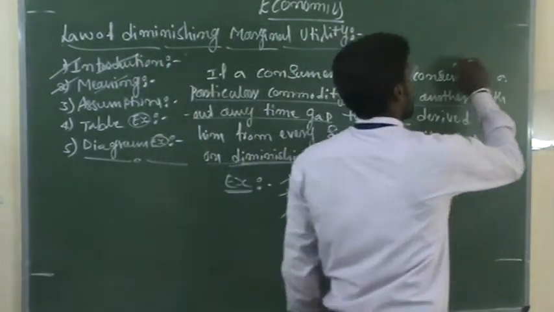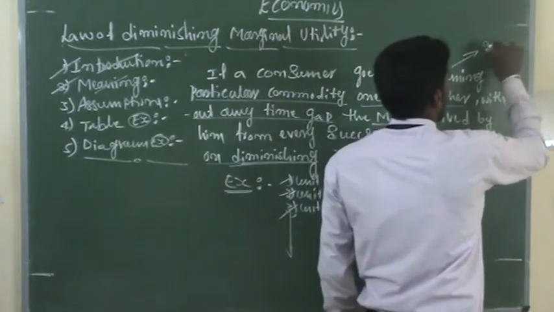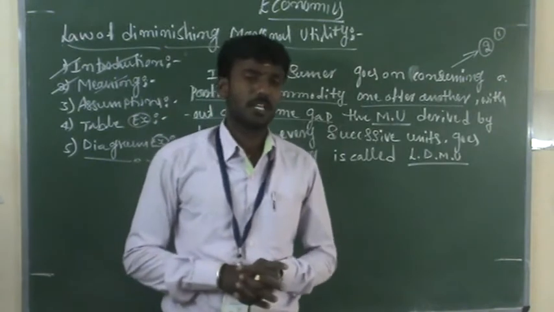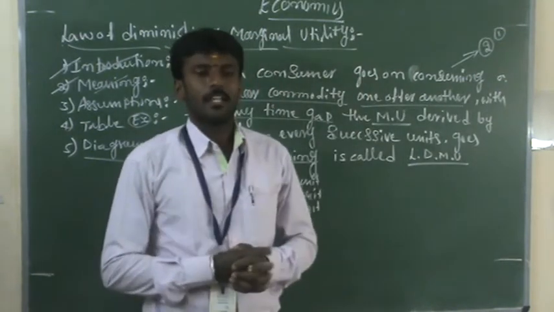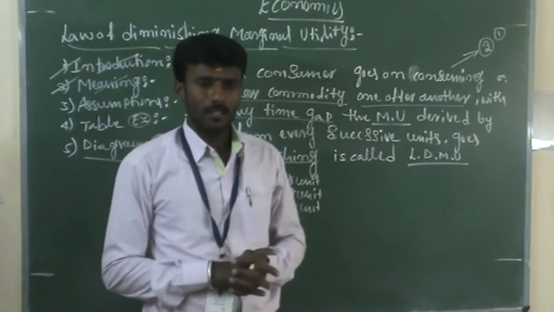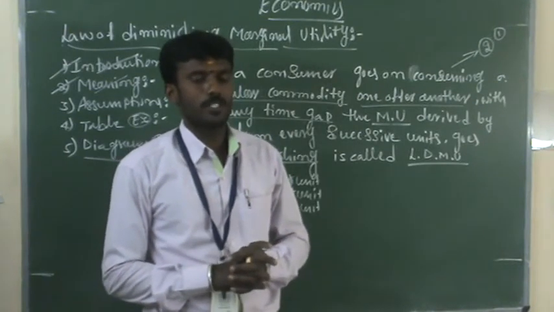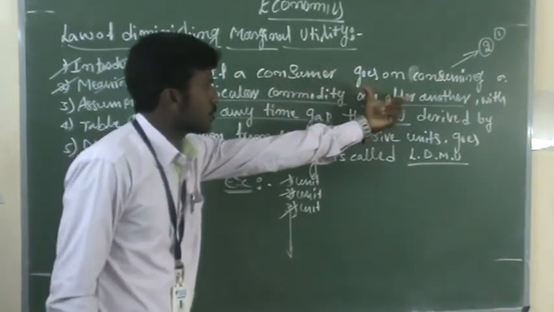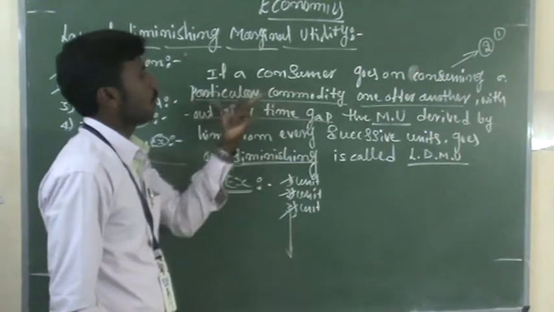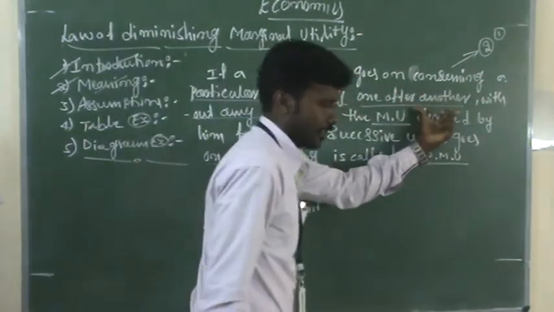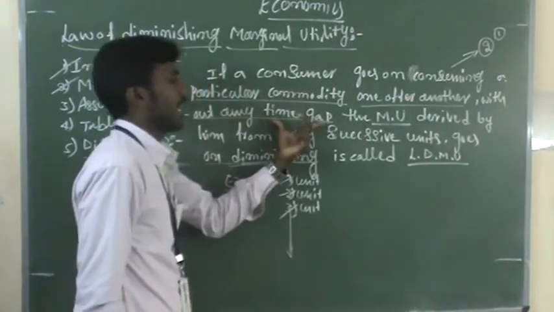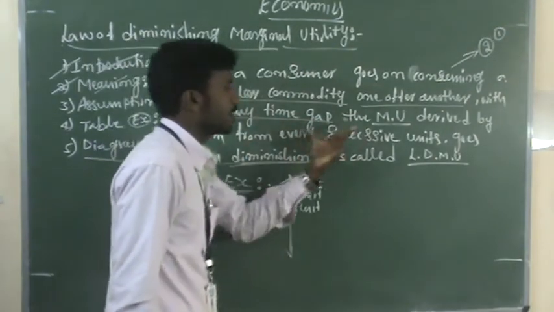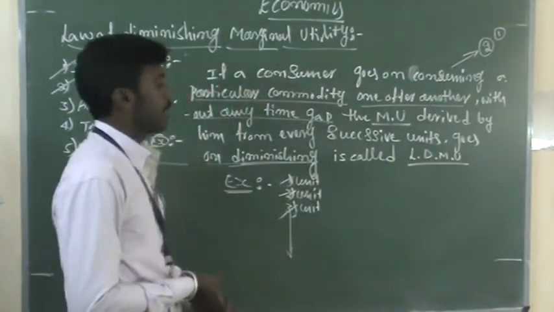See students, from our examination point of view, this may be a 1 or 2 marks question: What do you mean by law of diminishing marginal utility? You have to write the same thing and define LDMU. If a consumer goes on consuming a particular commodity, one after another without any time gap, the marginal utility derived by him from every successive unit goes on diminishing.